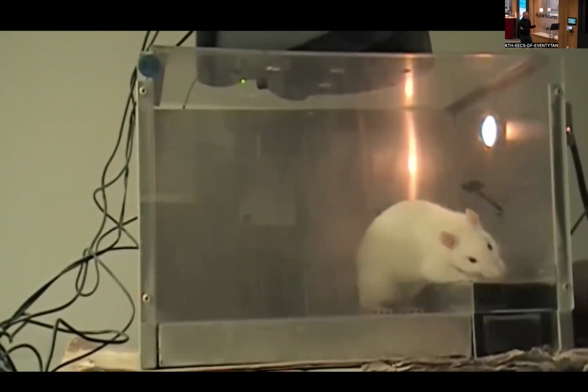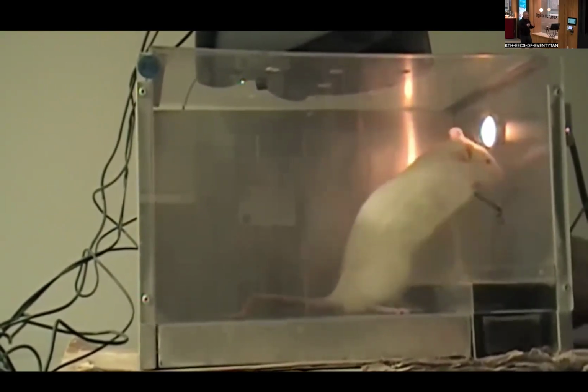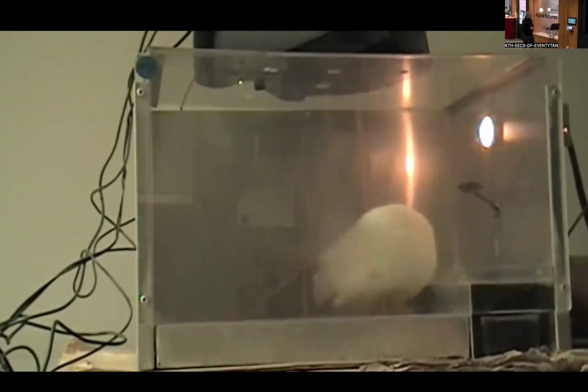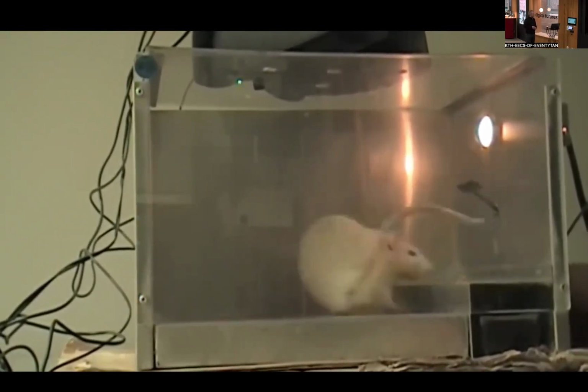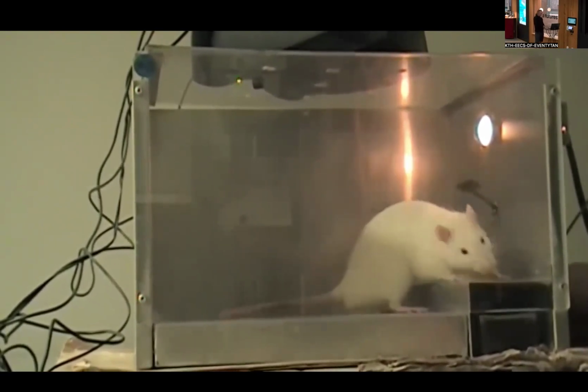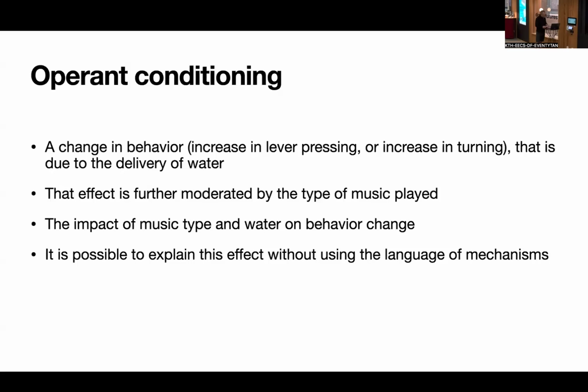The rat has learned to do different behaviors for different music. So this is then an example of operant conditioning, because it's a change in behavior.